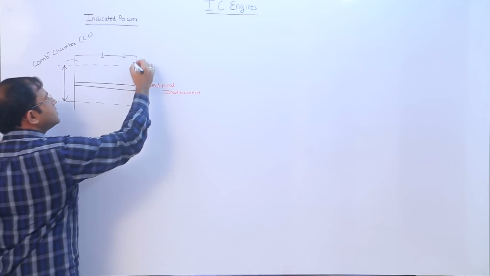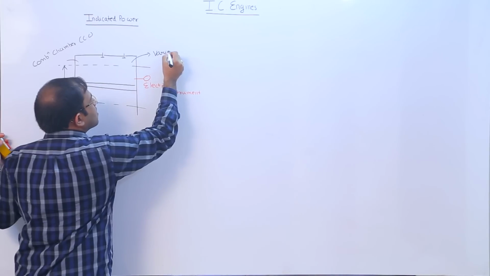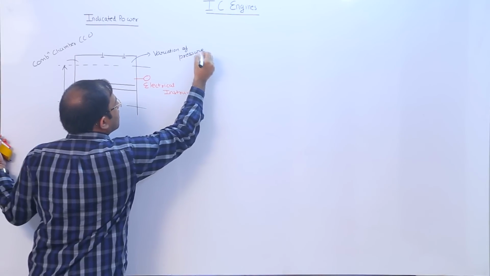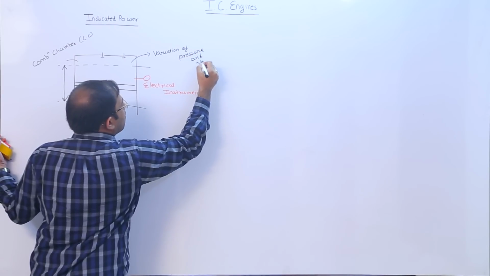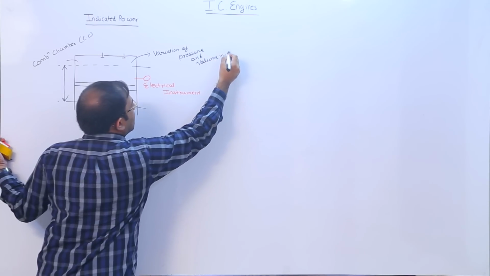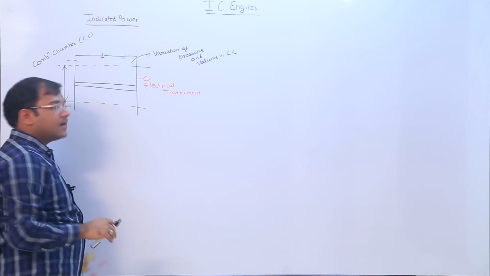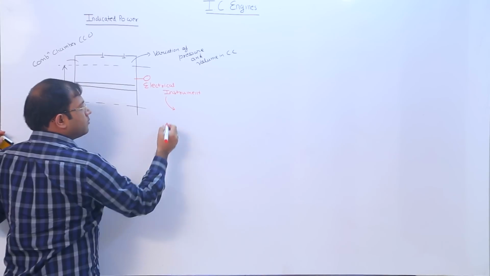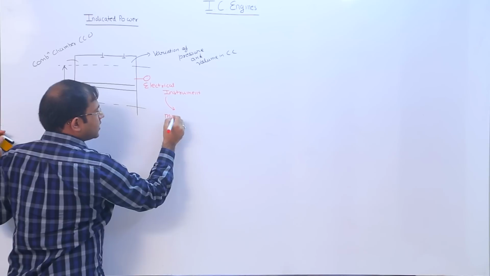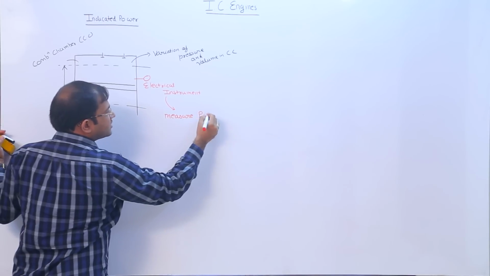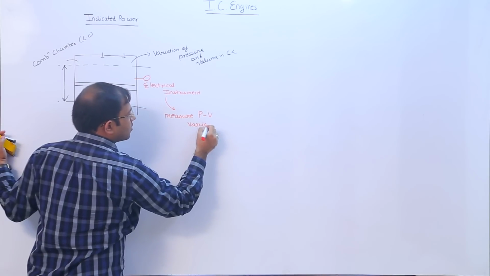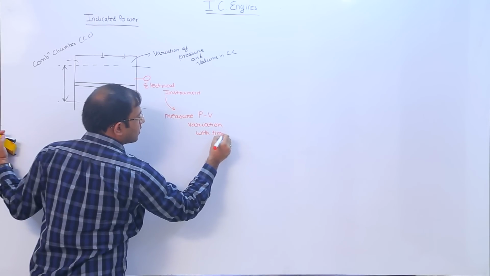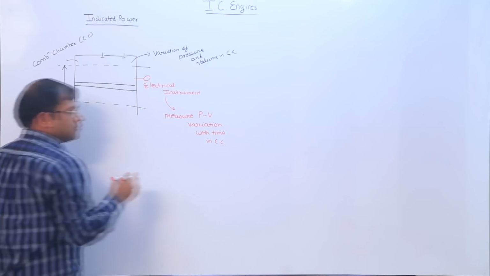So continuously there is some variation of pressure and volume in our combustion chamber, and the work of this electrical instrument is nothing but to measure pressure versus volume variation with time in combustion chamber.